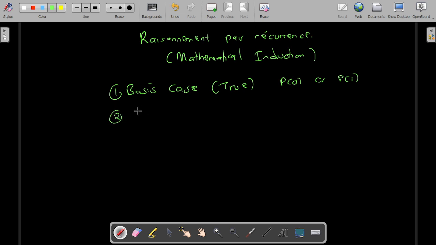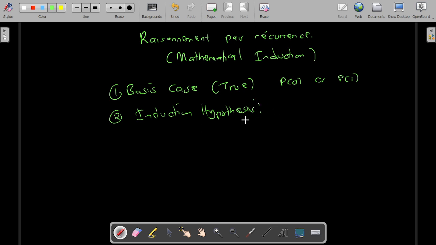Now, step 2 is going to involve what is known as the induction hypothesis, or otherwise known as l'hypothèse de récurrence.